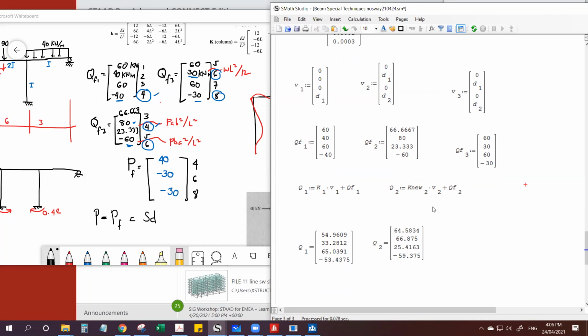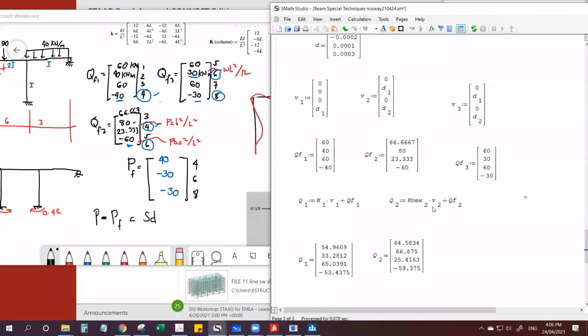Okay. So what's the reaction? K1, V1. 60, 40, 60, negative 40. QF2. Mhm. QF4 and QF5. Forgot.